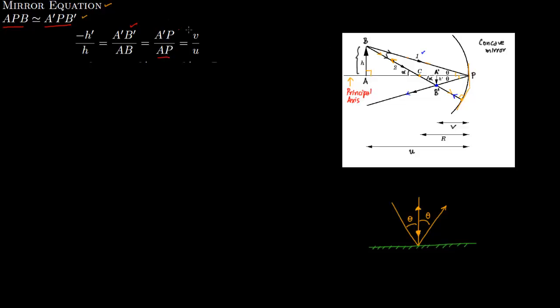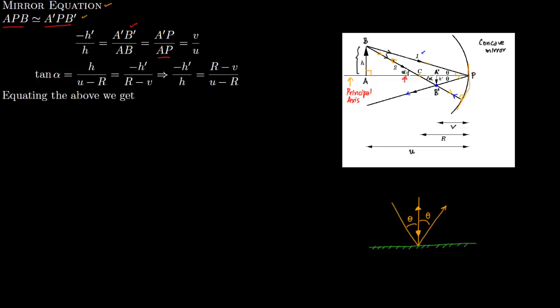So what is A prime P? A prime P we denote by V. Now V is the distance of the image, and AP we denote by U. So you have V over U. So this is the first equation we get: minus H prime over H is equal to V over U.